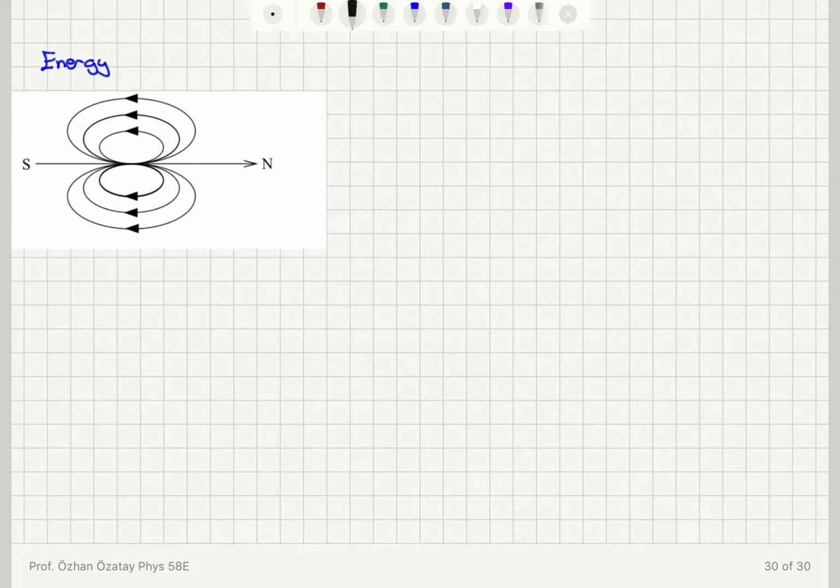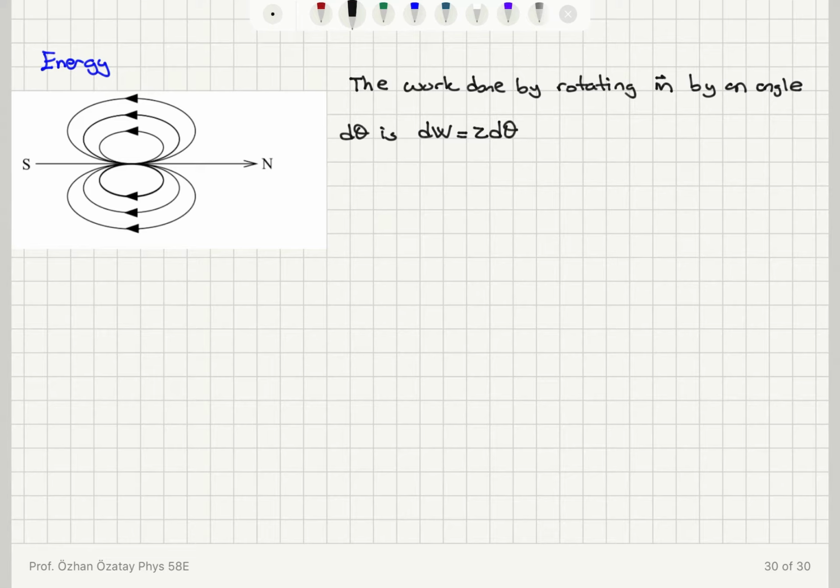So let's recall the rotational work. The work done by rotating the magnetic moment vector, rotating m, by an angle d theta will be equal to the work that we do, which is the torque acting on it multiplied by d theta, that's against the field.